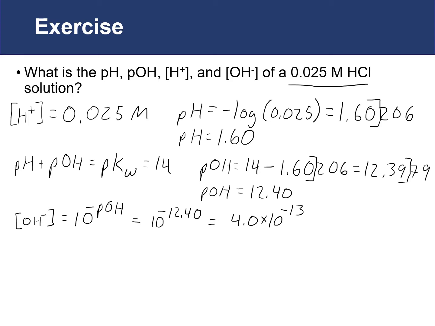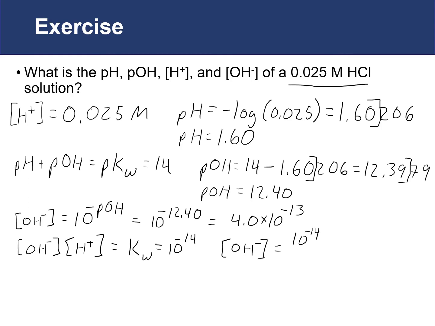Now, we could also find the OH minus concentration by using our OH minus concentration times our H plus concentration is equal to our Kw, which is equal to 10 to the minus 14. So our OH minus concentration would be equal to our Kw, 10 to the minus 14, divided by our H plus. So that would be 0.025.